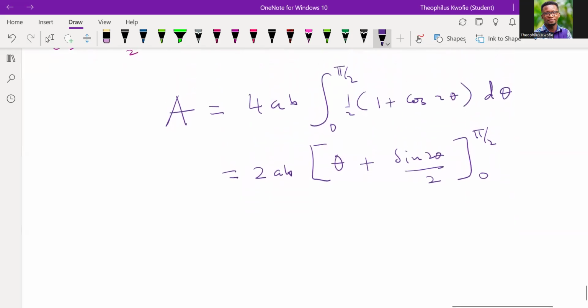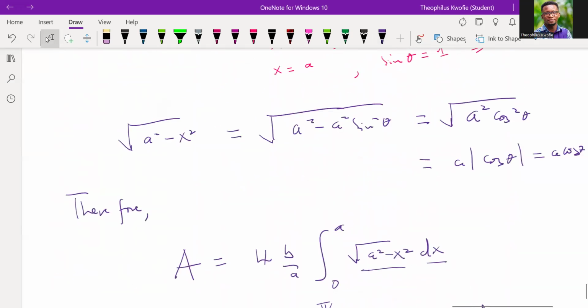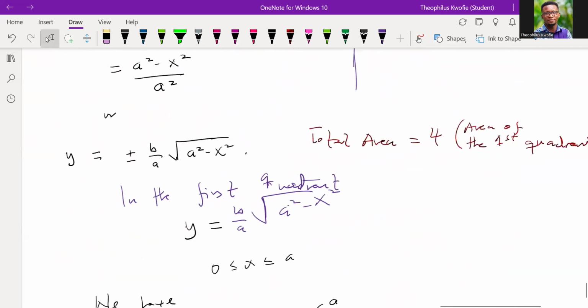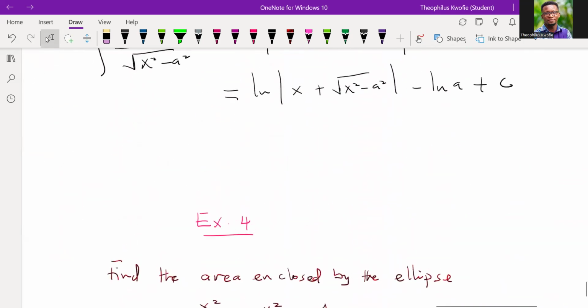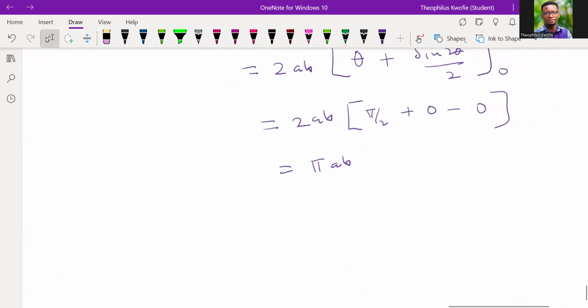Now, when you perform your arithmetic, with the upper limit you should have sine of pi, which is sine 180, that is 0. Then when you substitute the lower limits, you should also have 0. Then in that case, you're going to have pi AB as the area of this particular ellipse. So the area that we just got was pi AB.